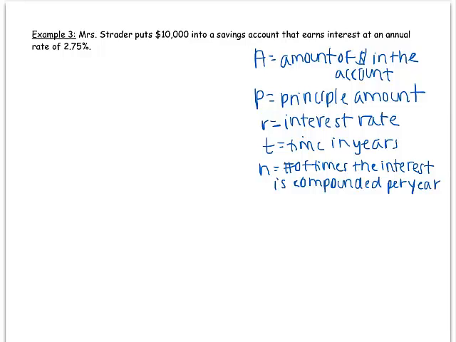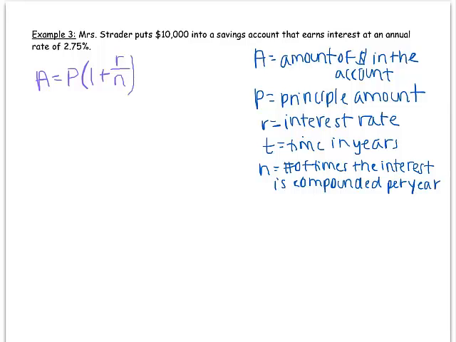So the model that we're going to make is going to be a growth model, right, because your interest is getting added on to what you start with. So we have our principal amount times 1 plus something. So what are we adding to it? Well, we're adding our interest rate divided by how many times per year that happens.